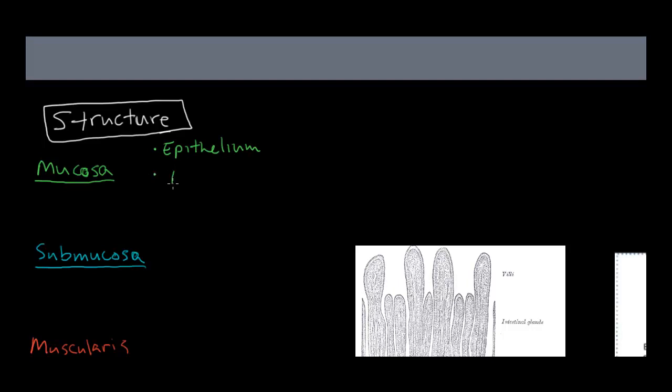We see there's lamina propria, which is just a loose connective tissue. And we also see muscularis mucosa.